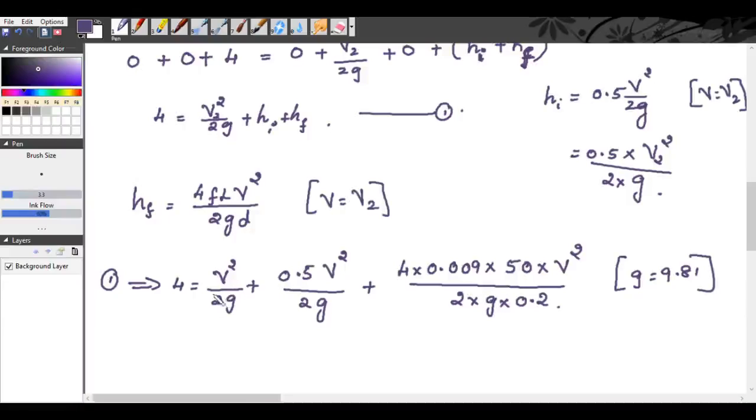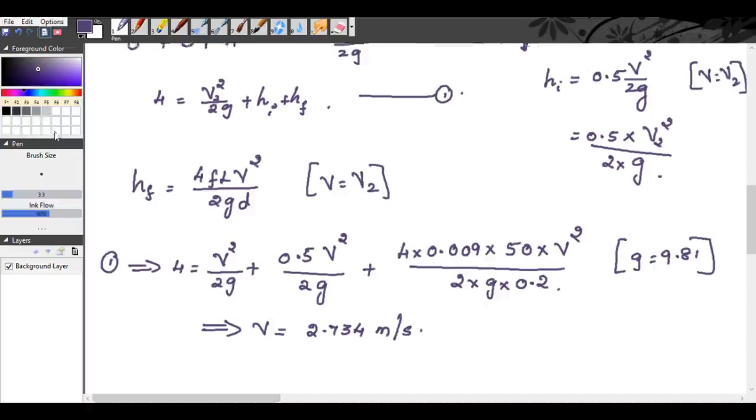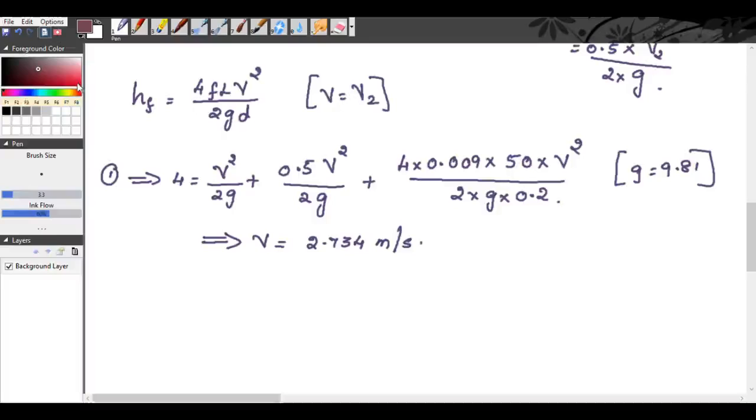From which we get the velocity V equal to 2.734 meter per second. Now once velocity is known, we can calculate the discharge. We know discharge is equal to area of the pipe into velocity of the pipe.